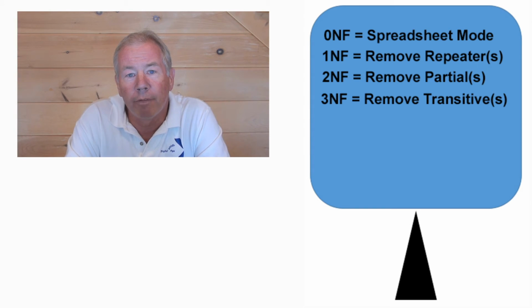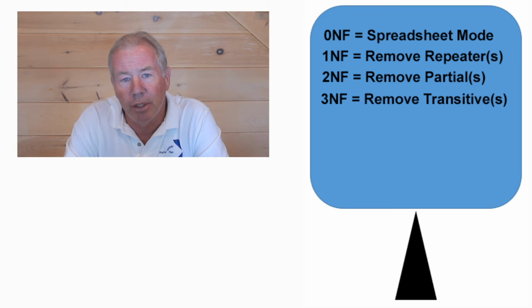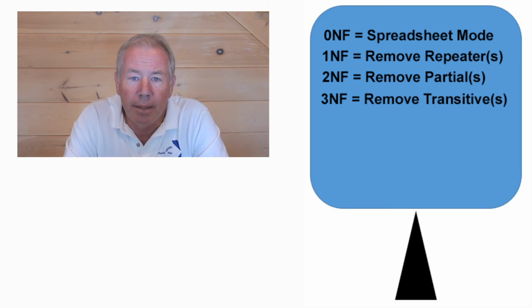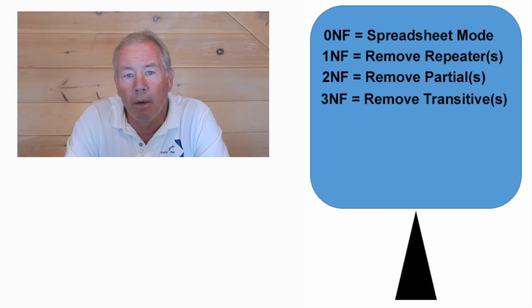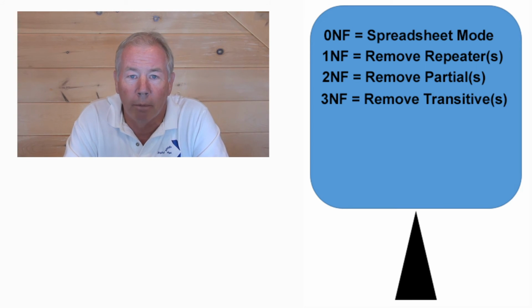Finally, we went from second normal form to third normal form by removing any transitive dependencies. You all know, given your mathematics and computer background, what transitivity is. It's A to B, B to C, therefore A to C. In our case, we're going to remove the B entity and make it a separate table and leave the primary key of the B entity, or B table, in the original table as a foreign key, thus establishing a relationship between those two tables.